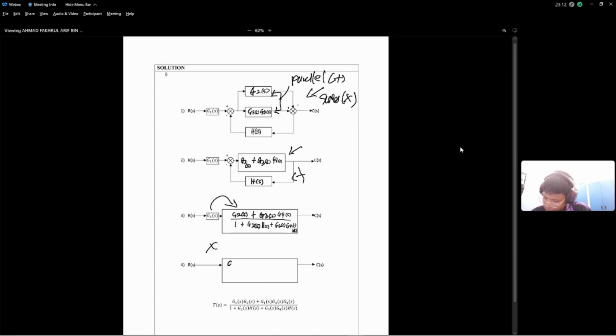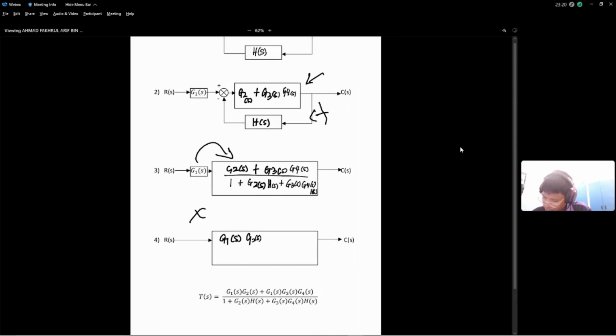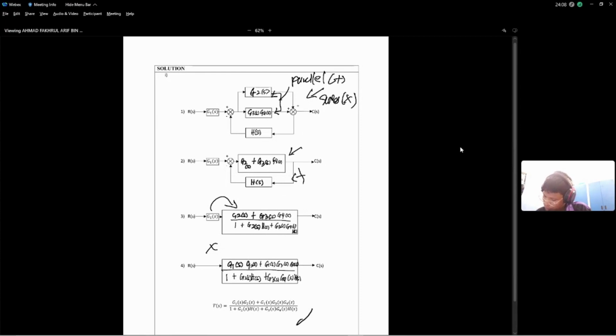So first G1(s) times G2(s) plus G3(s) G4(s), and then just copy back 1 over 1 plus G2(s) H(s) plus G3(s) G4(s) H(s). So the answer will be like this.